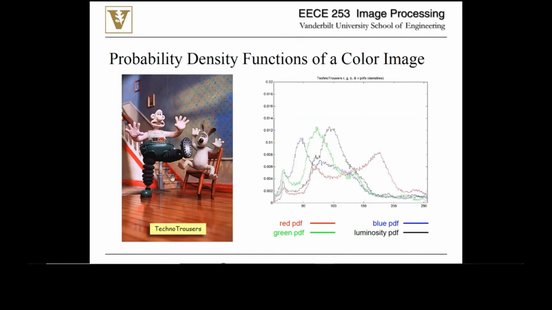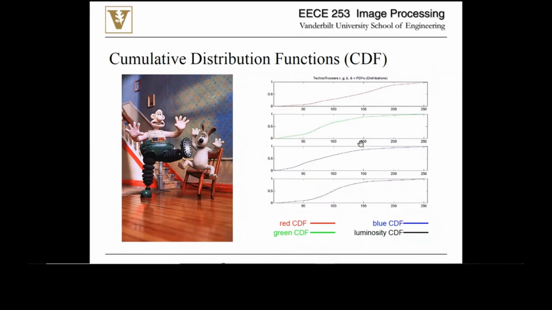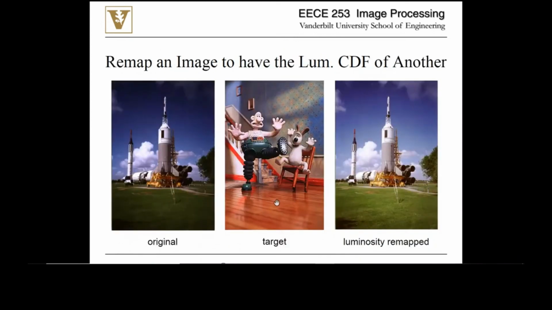And for instance, we have this other image, with its own probability density functions and cumulatives. And now we have the one obtained by remapping only the luminosity. So we have used the lookup table coming from the luminosity to map this image into this one, trying to guarantee that the luminosity of this one looks like the luminosity of this one.